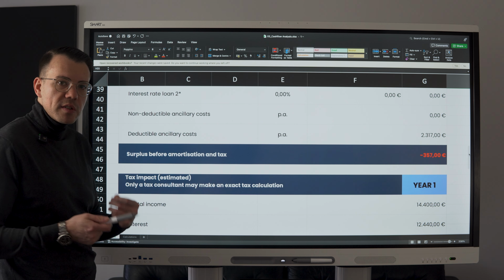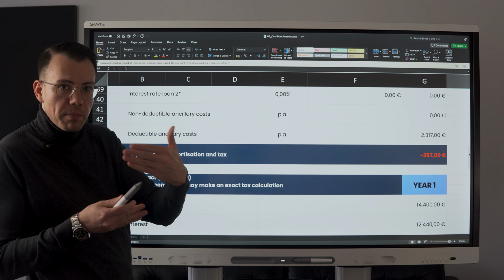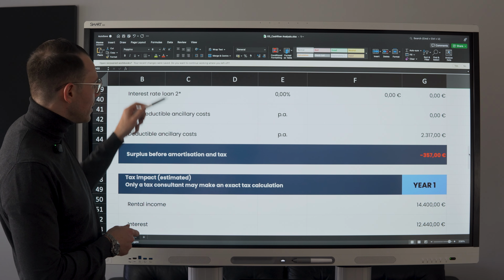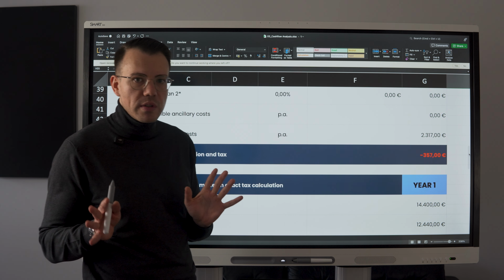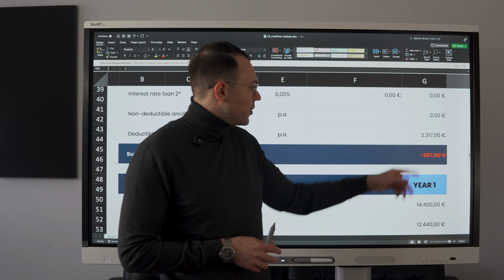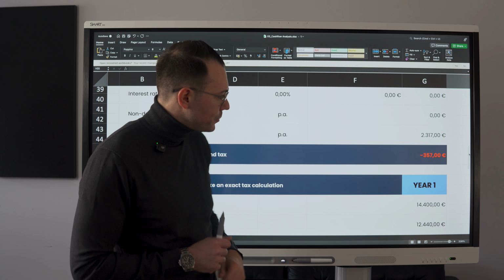Amortization rate is the principal rate of the loan, so the actual repayment, which was not included in this calculation here. And the tax refunds are not yet included here. So it would be 357 euros annually.